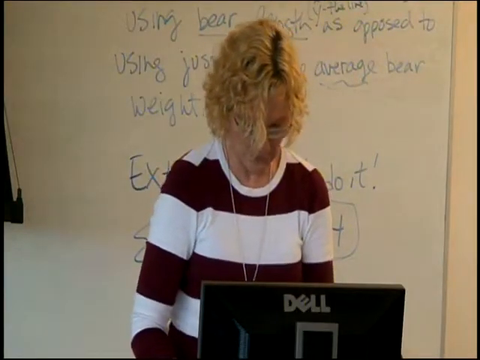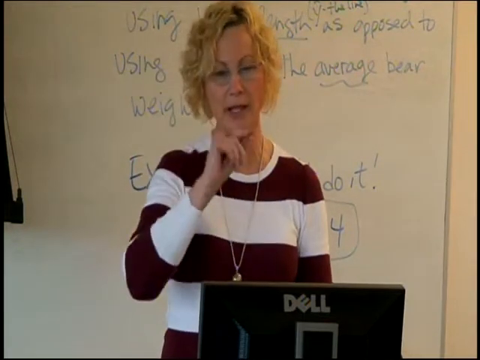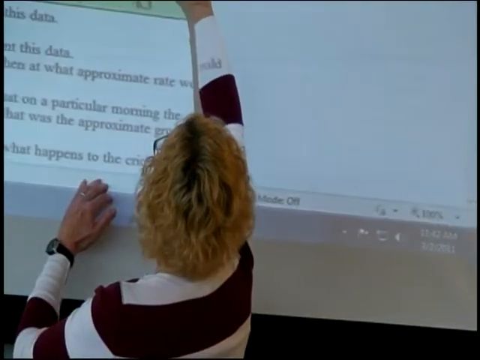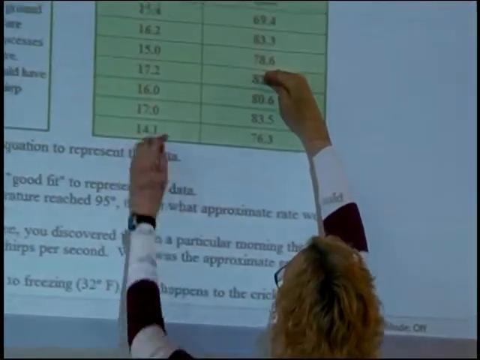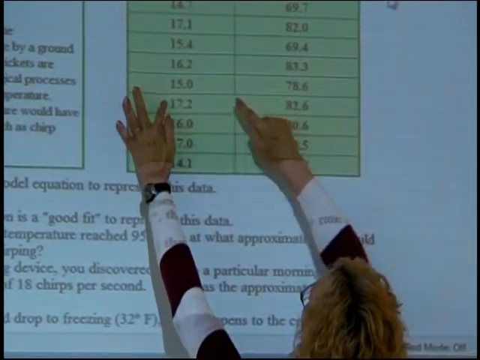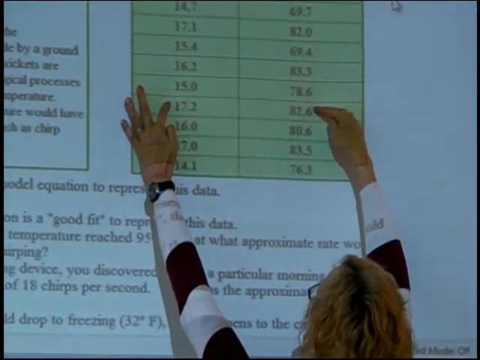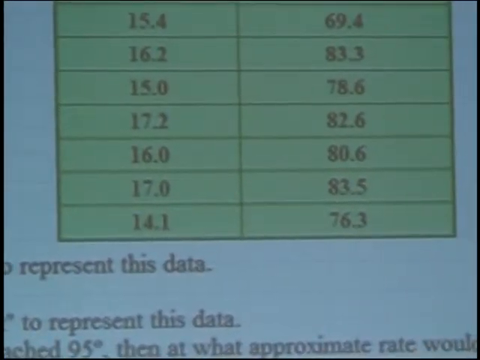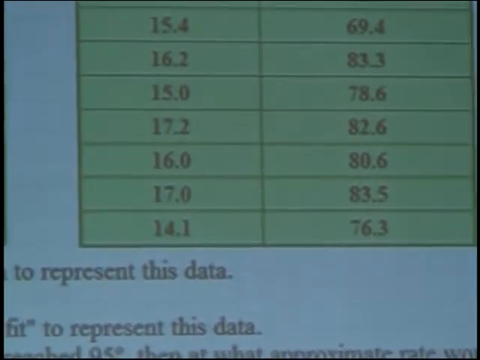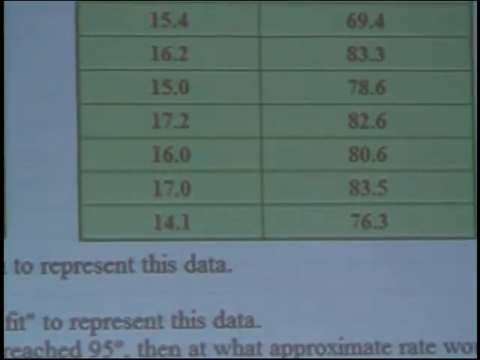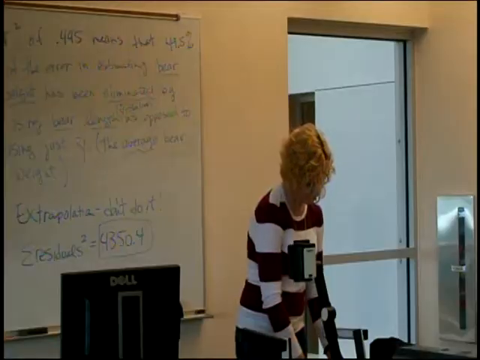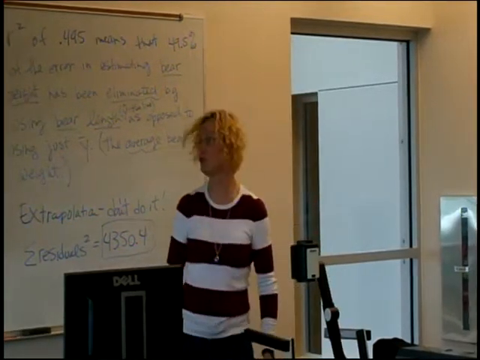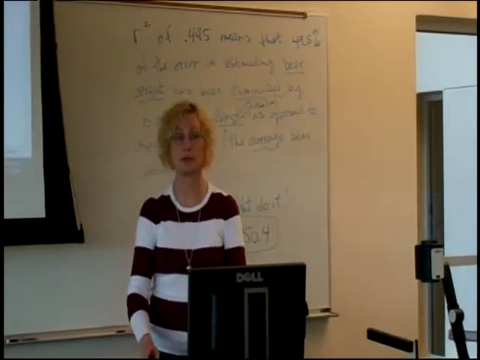Remember that if you forget a data value, you have to go back and put it in. This was the number of cricket chirps that were recorded when the temperature was this. So these are ordered pairs that relate to the same instant in time, and your data values have to correspond across. So the first thing we're going to want to do is graph the scatter plot.